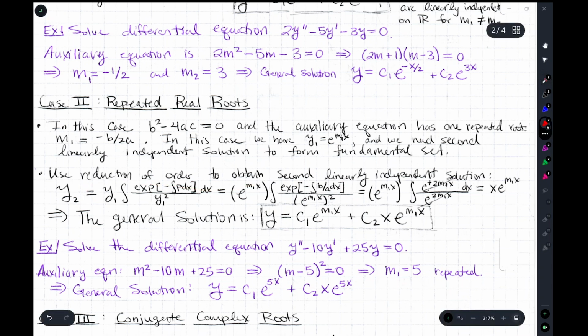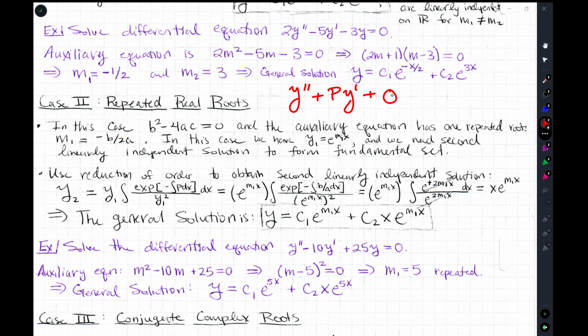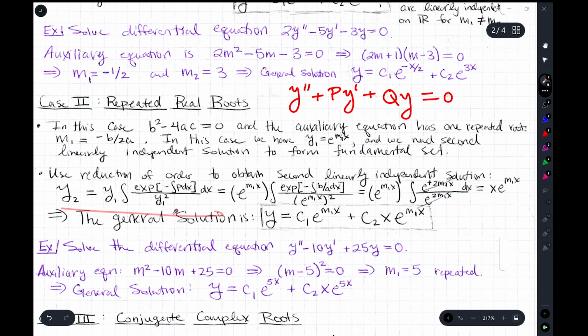And so you'll recall that we've derived the formula for the reduction of order method where we have our differential equation in standard form. And we've derived this equation to get a second solution, y2, from y1. This is how we can compute a second solution from a first solution.